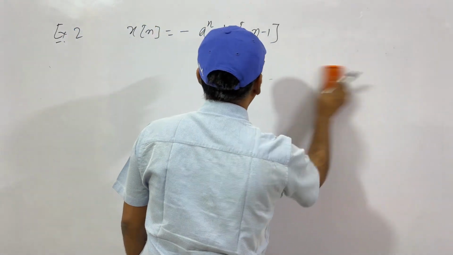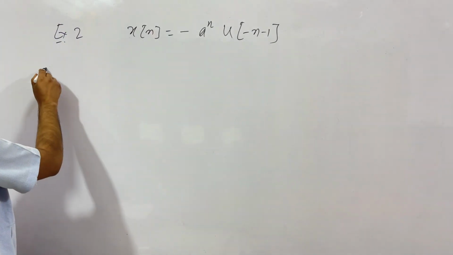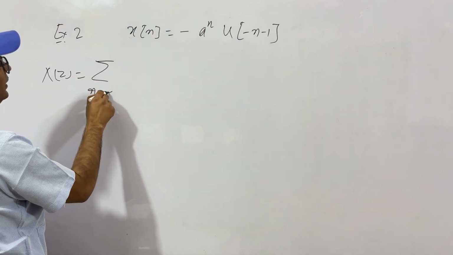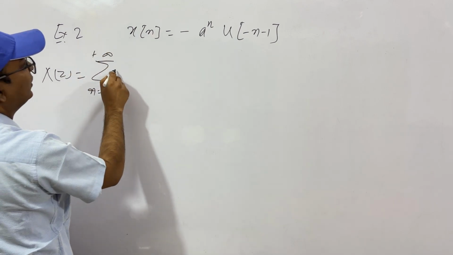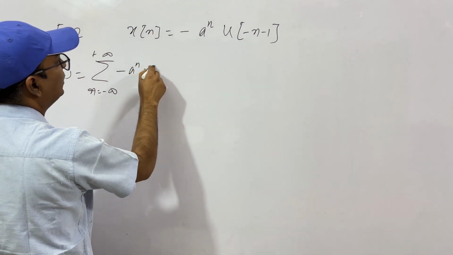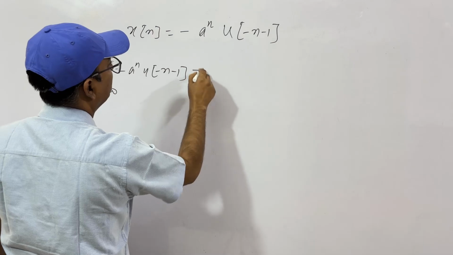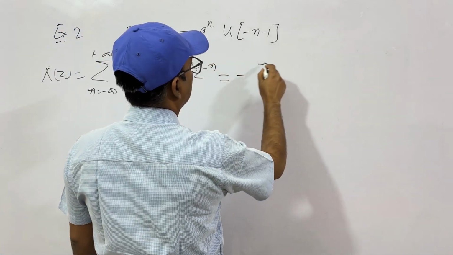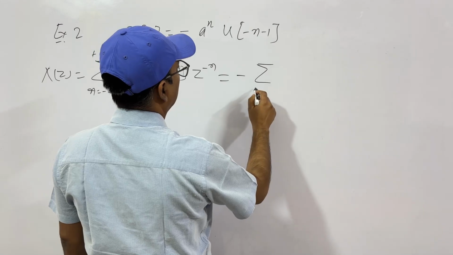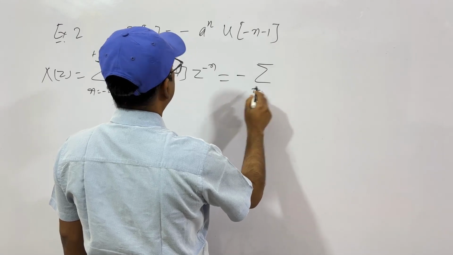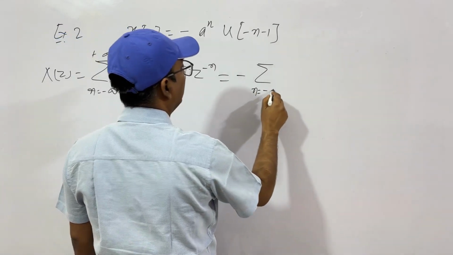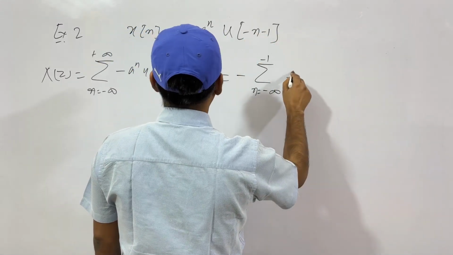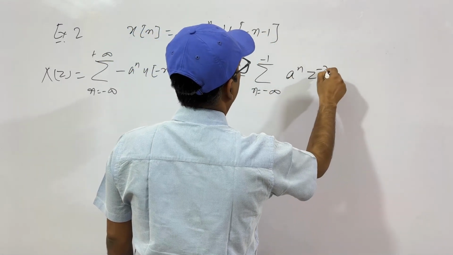Okay, so our X(z) will be the sum from n equal to minus infinity to plus infinity of minus a^n u[-n-1] z^(-n). I am taking this minus out, and n runs from minus infinity to minus 1 only, so we can remove the step function and get a to the power n z^(-n).